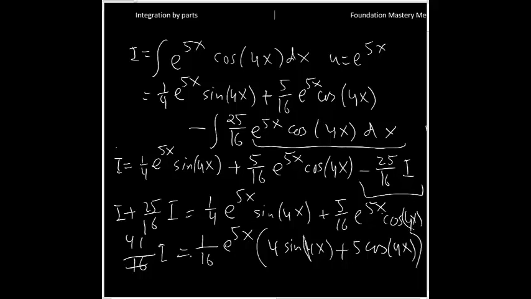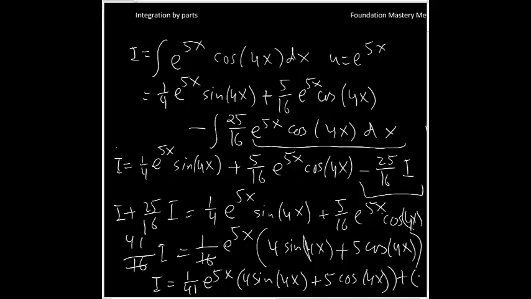Now this 16 I can cancel. So then the final result is 1/41 e to the 5x times 4 sine 4x plus 5 cosine 4x plus the integral constant. Do you see that?